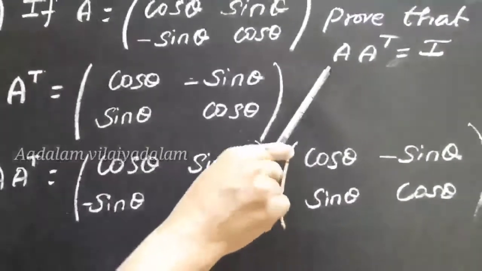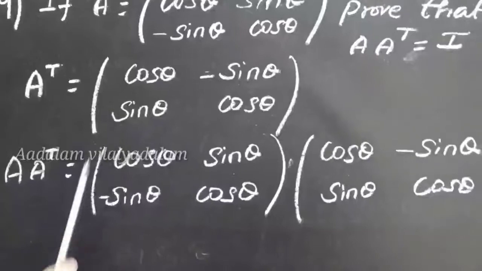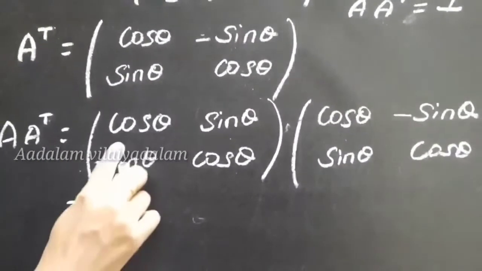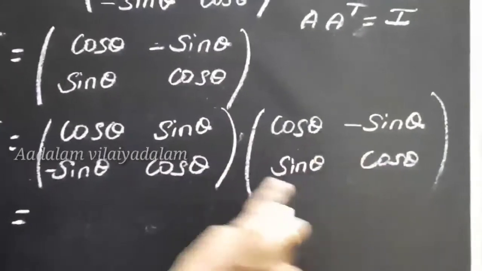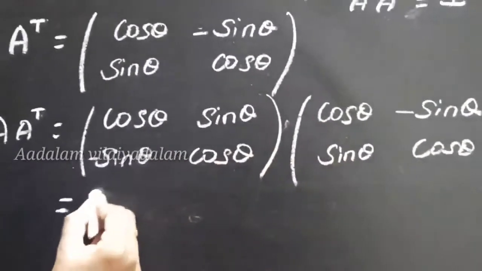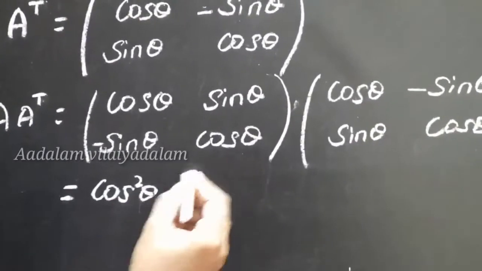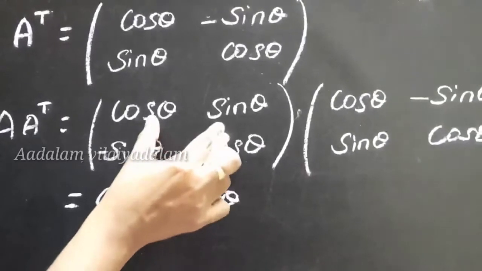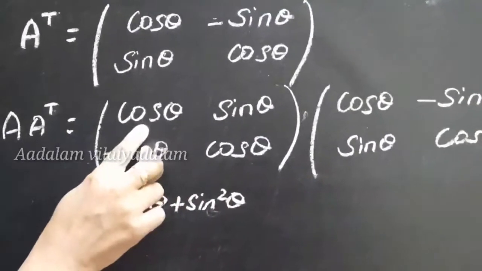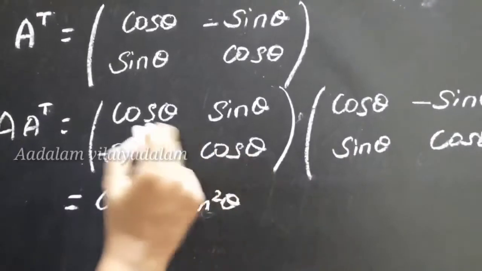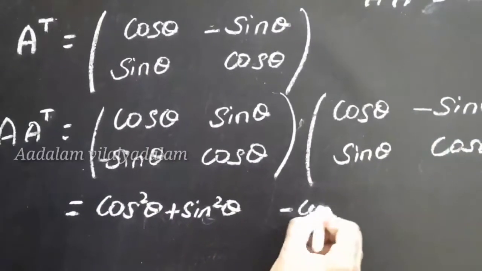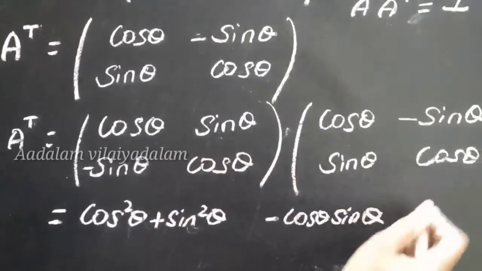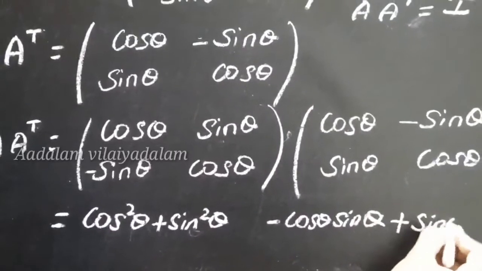Now we have to multiply A into A transpose. This is A matrix into A transpose. The same multiplication here. The first row, first column: cos theta into cos theta, cos square theta, plus sin theta into sin theta, sin square theta. The same row, second column: cos theta into minus sin theta, so plus into minus, minus cos theta sin theta, plus sin theta into cos theta.